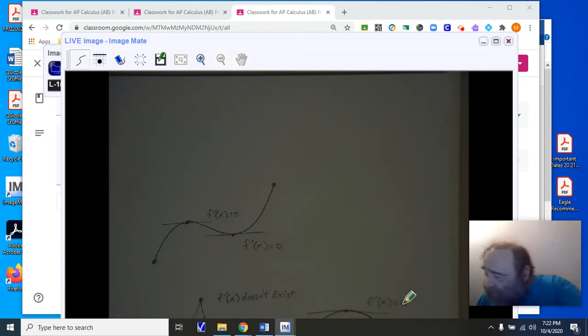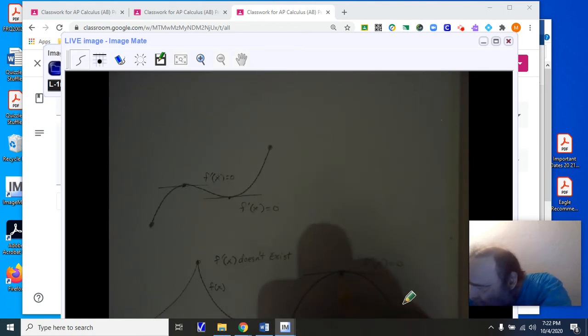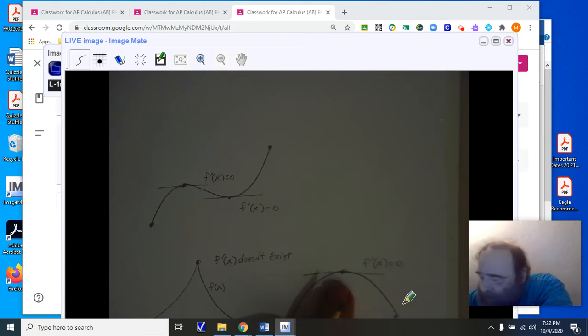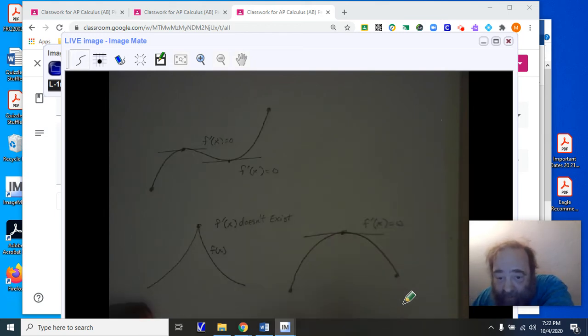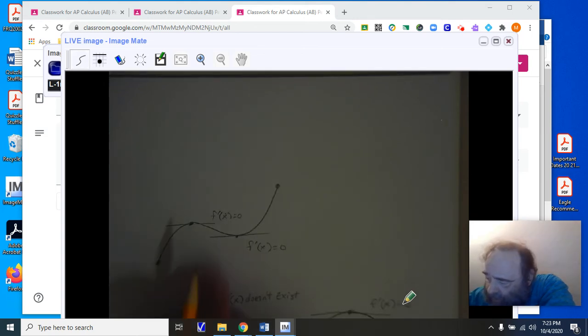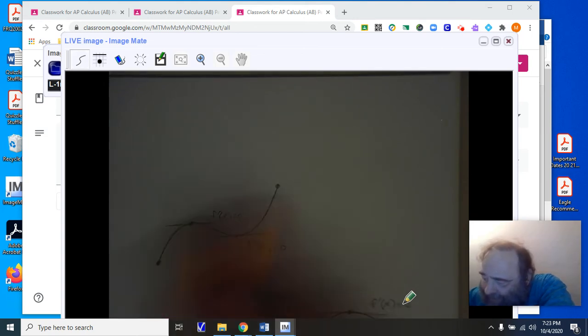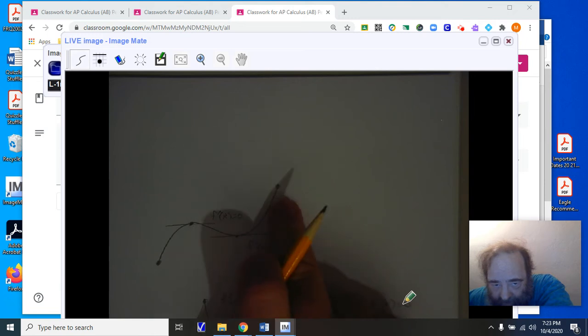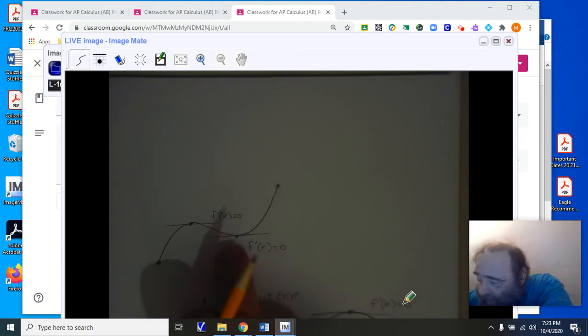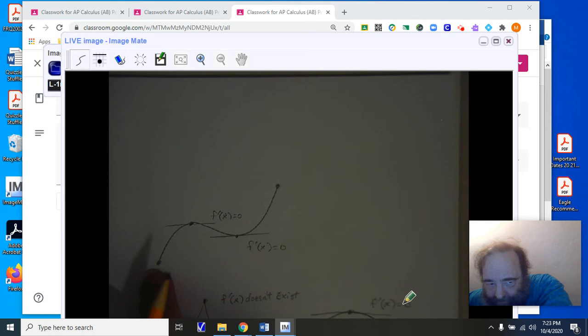And then at those critical values, find the y value to see if you're looking at a situation where the absolute maximum is a relative maximum. Or are you looking at a situation where the relative maximum is not the absolute maximum? Or where the relative minimum is not the absolute minimum?